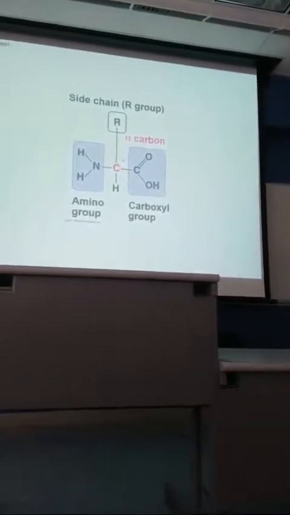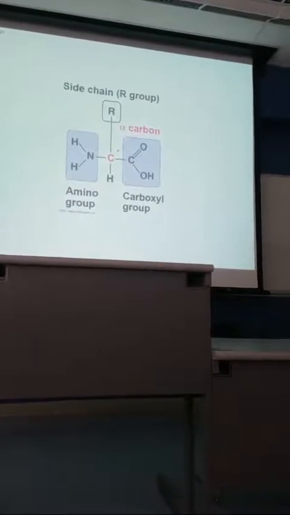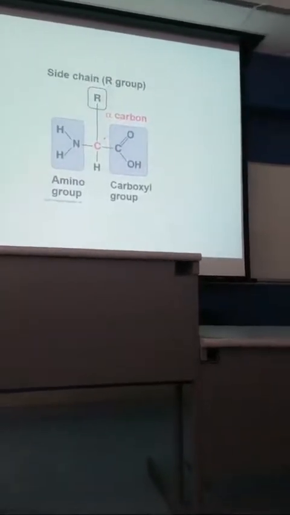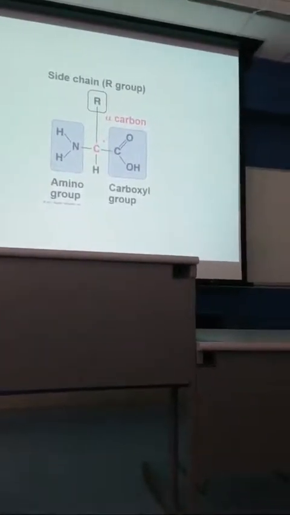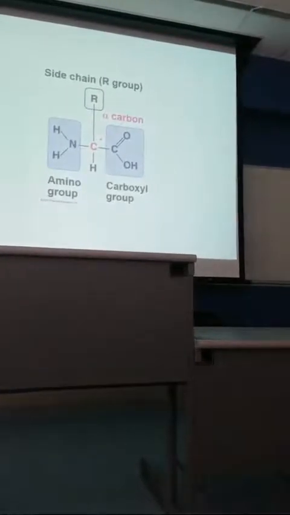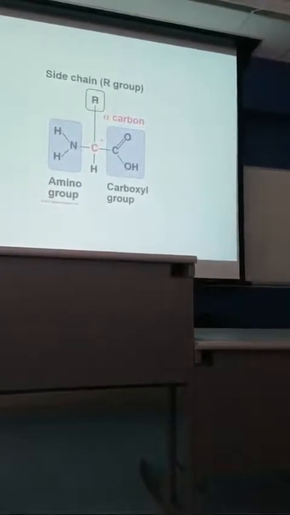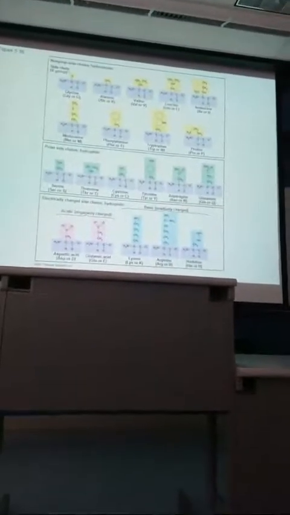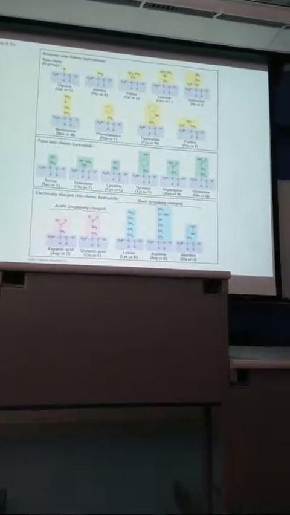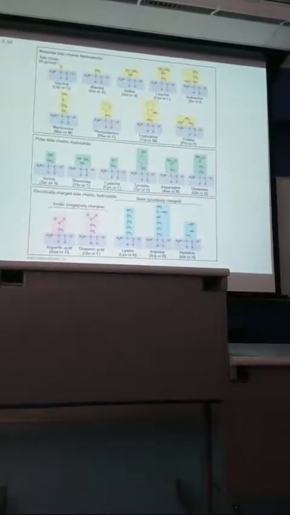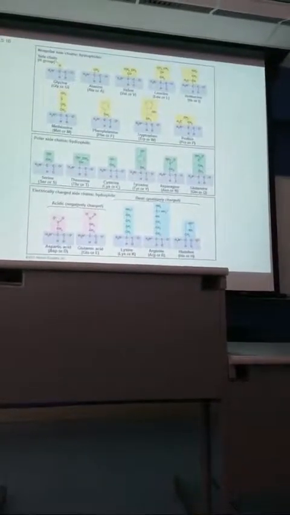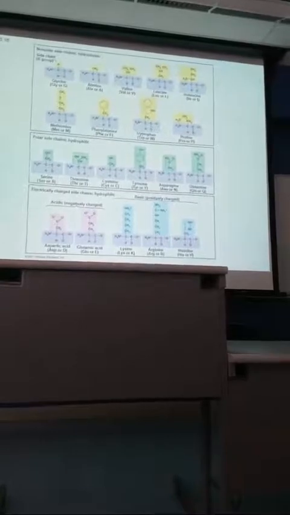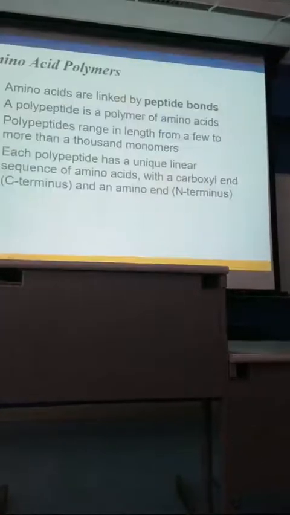There are 20 different ones. The only thing that's different is the R group. That is going to be the functional group. So you should be able to draw that. That first carbon is called the alpha carbon. You do not have to remember the amino acids. Remember, they can be mixed as far as polarity, and some can be either polar or non-polar. You don't have to remember them.